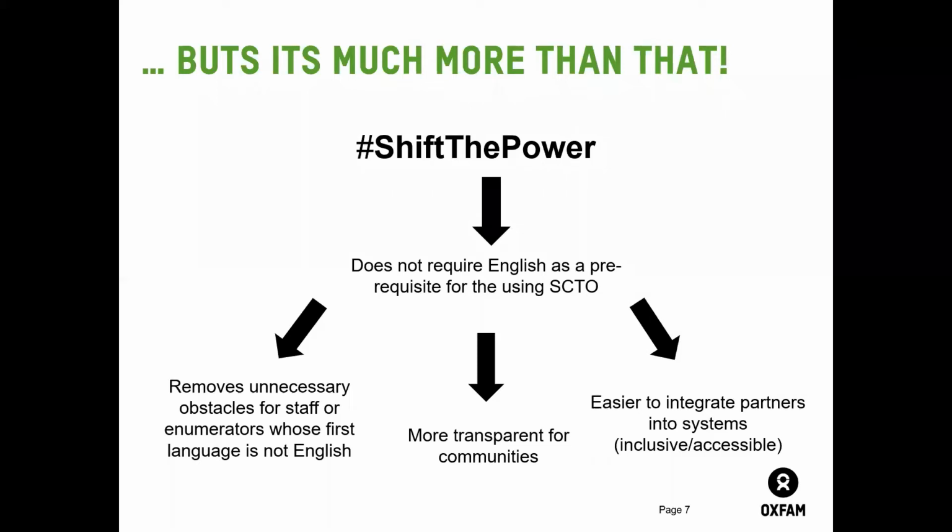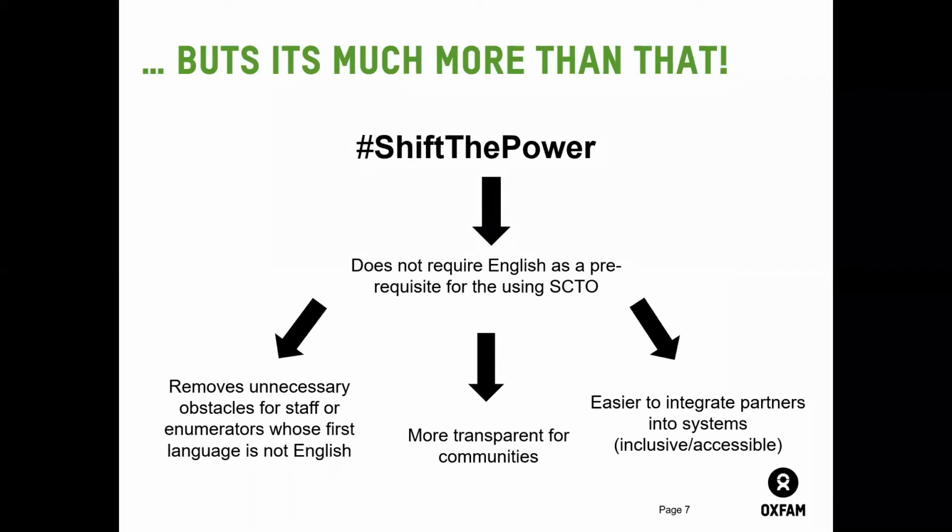Also, we know from research that Oxfam has done previously that in some instances, if we're recruiting enumerators because of their ability to speak English, it's very possible that they're coming, not in all contexts, but in some, from a certain socioeconomic background, which might force quite a gap between the interviewer and the interviewee. They might be from different cultures, different social statuses, things like this.